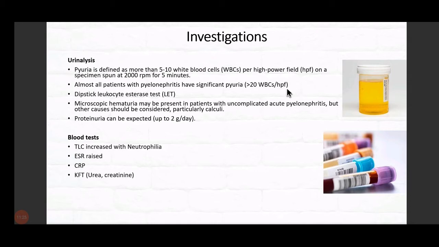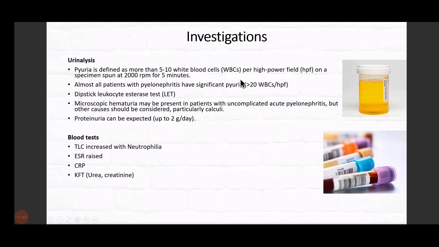You can also do a rapid test, which is a dipstick leukocyte esterase test, which can be done at the bedside, because other investigations to demonstrate this will require a microscopic exam. In some cases, as the infection proceeds, if there is damage to the renal cortex or the urothelium, there can be microscopic hematuria also.